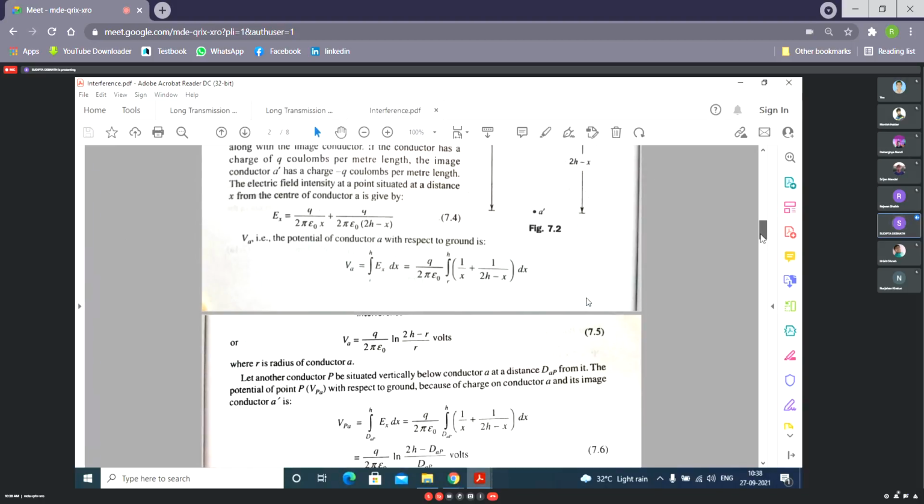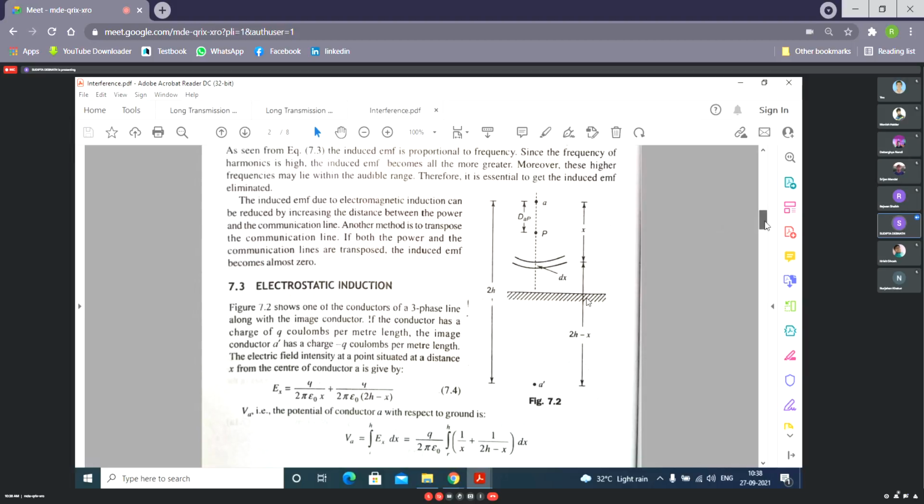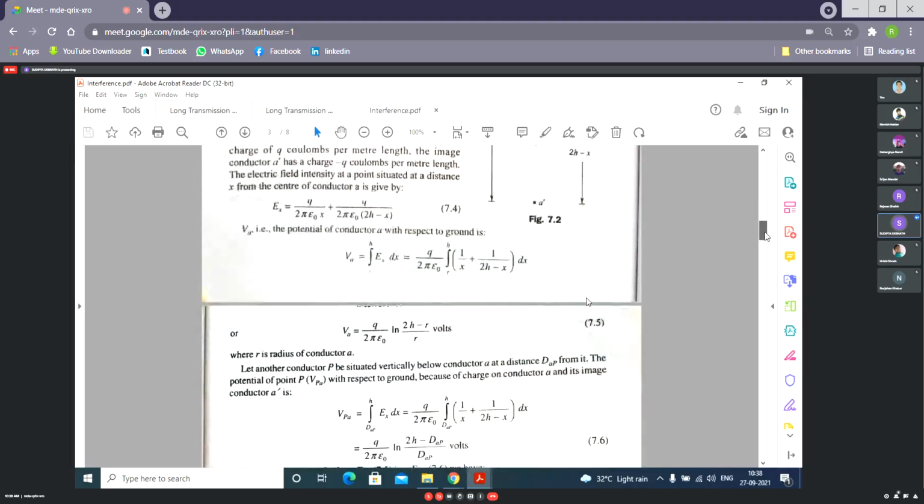Now the conductor is this one. We are concerned with this communication conductor. So we will integrate from its distance from the current carrying conductor to the distance from the current carrying conductor to the ground.